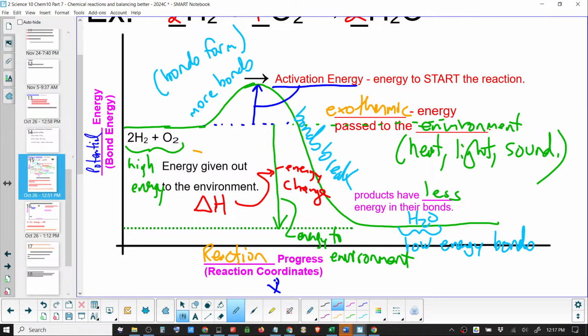The H stands for heat, since heat is coming out or heat is going in. And it always measures it by where you come from. So we started with reactants and went to products, and energy came out. So the amount of energy dropped. So delta H is negative for exothermic reactions. And I probably will not ask you that, but it is something that you could mention if you wanted to impress.